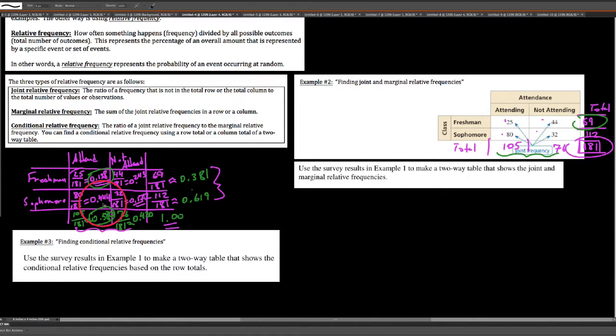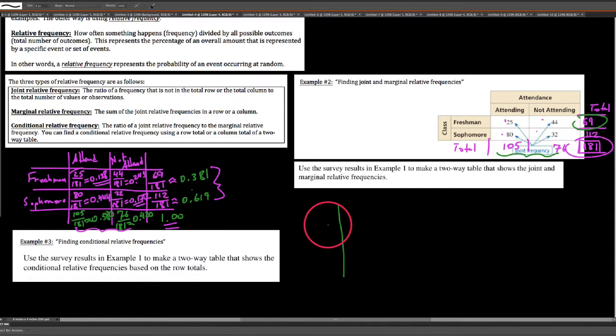Notice, though, that we could take this joint relative frequency and divide it by this outside marginal relative frequency. In that case, we would be asking, of all of these freshmen right here, what percentage of them attended the concert. So a little bit different question. Instead of, of those who attended, how many were freshmen, it's, of those who were freshmen, what percentage attended. So we're going to look at how to construct a conditional relative frequency from this table.